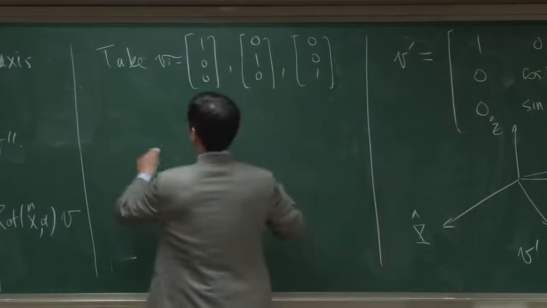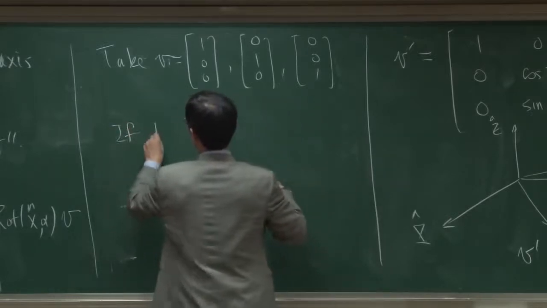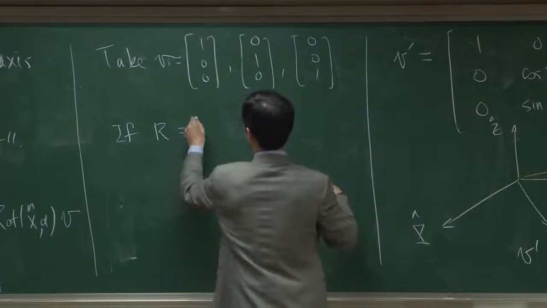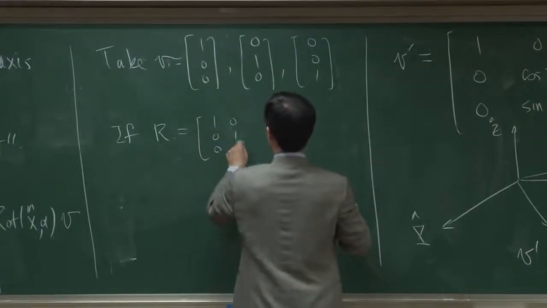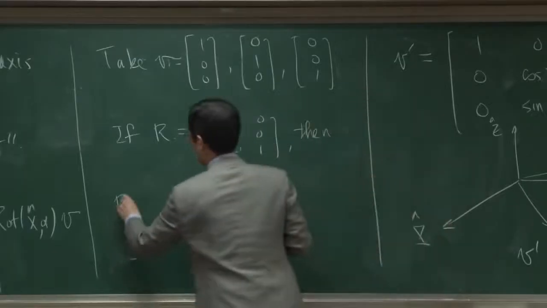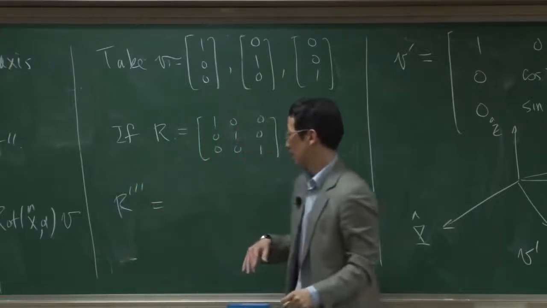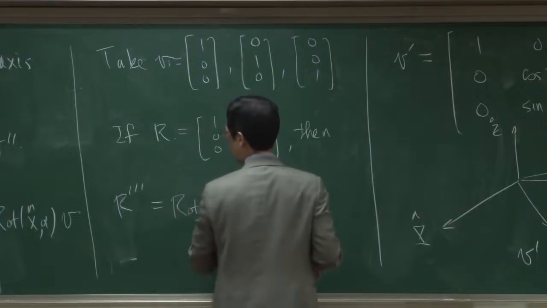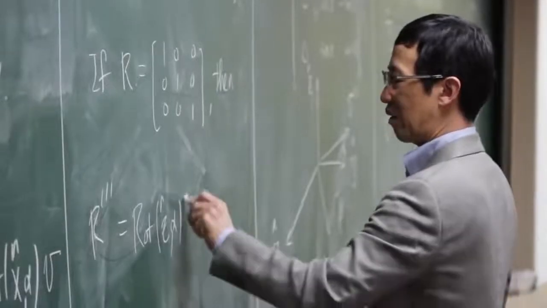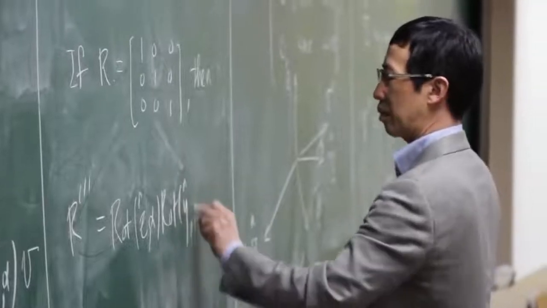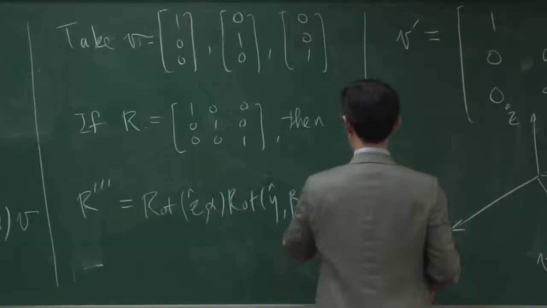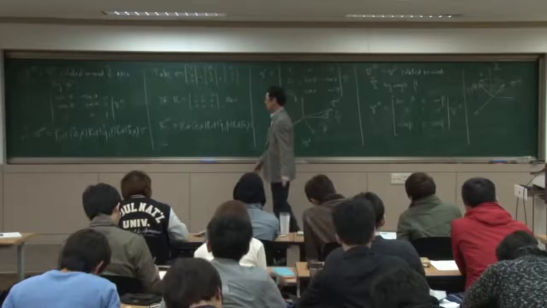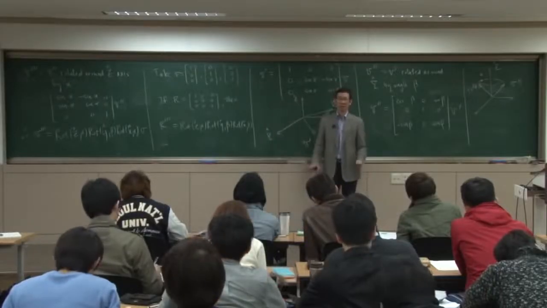So if the initial r is 1, 0, 0; 0, 1, 0; 0, 0, 1, then r triple prime is just this: z alpha rotation, y beta rotation, x gamma rotation.